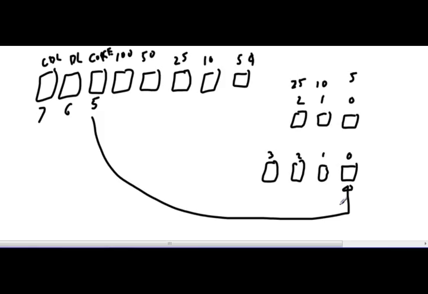Whatever's in Q3, when the clock pulse happens, goes to Q2. Whatever's in Q2 goes to Q1. Whatever's in Q1 goes to Q0, and the guy in Q0 goes away because he's the serial output. So I end up shifting my data to the right.